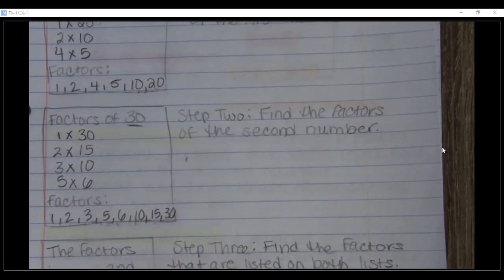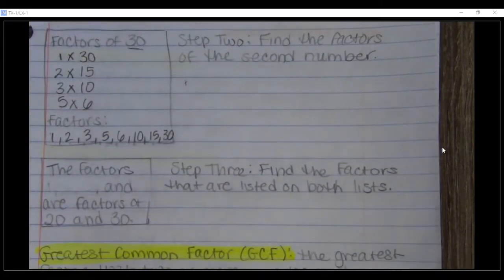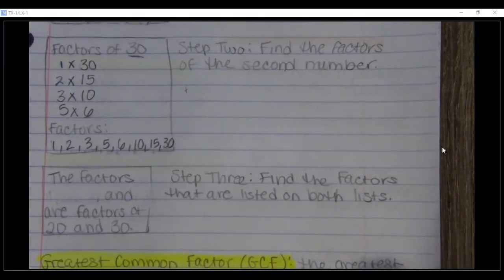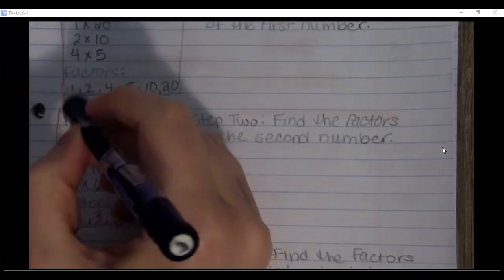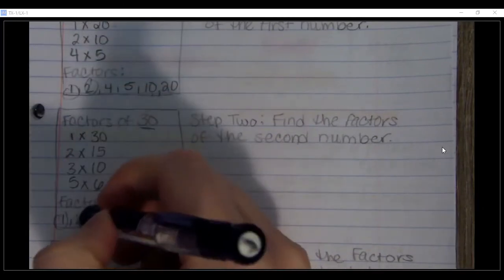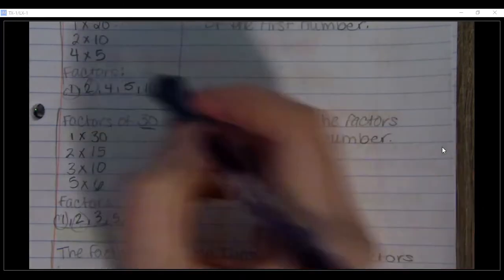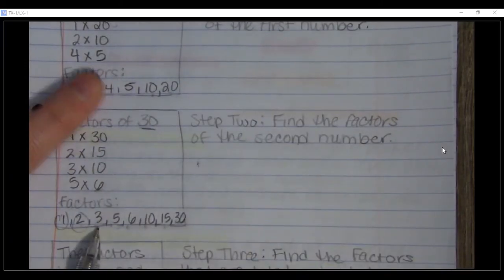Now let's move on to our next step. Step 3. Find the factors that are listed on both lists. Okay, that's what we need to find. So if I take a look at both my lists, I see that 1 is a factor for both of them. 2 is a factor for both of them. See, I have a 4 and a 3. That doesn't match up.